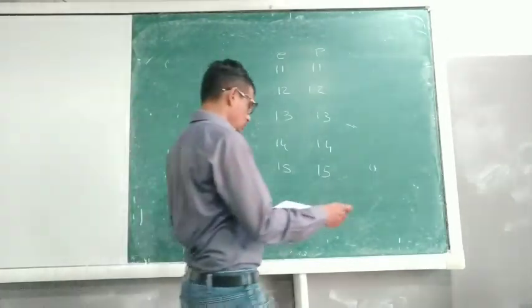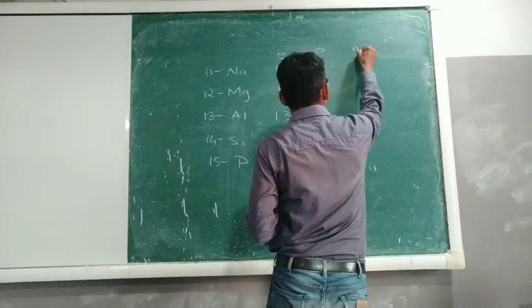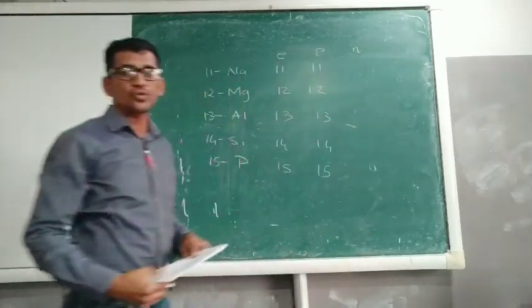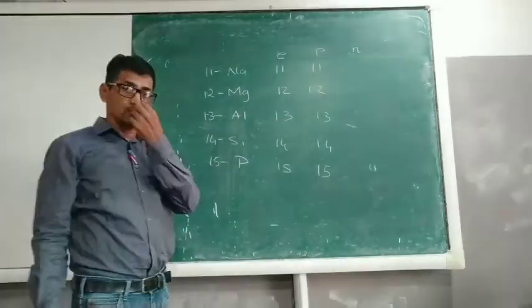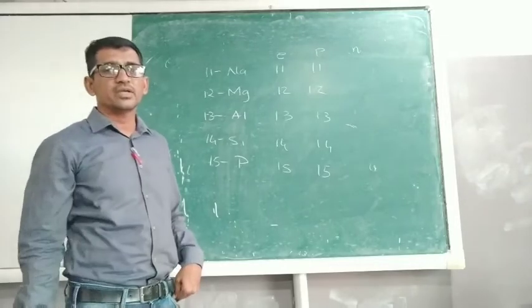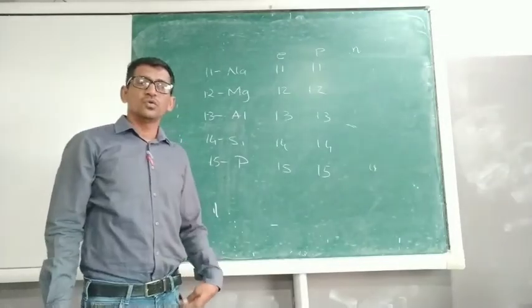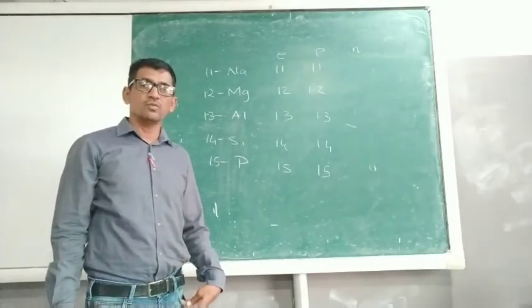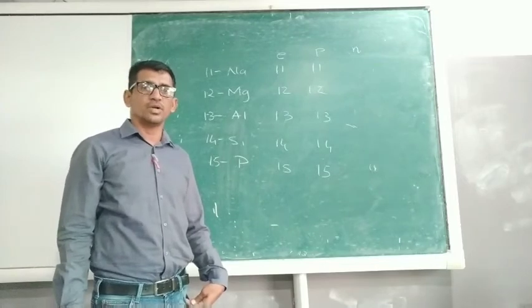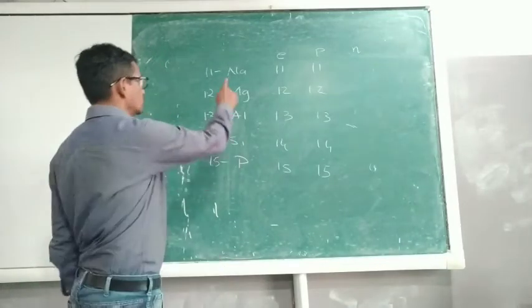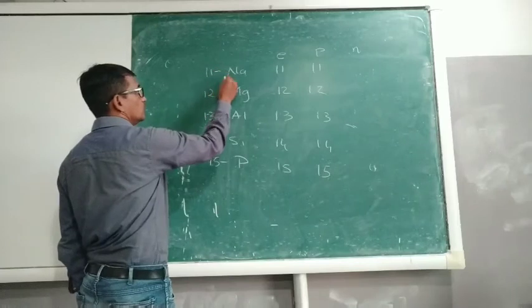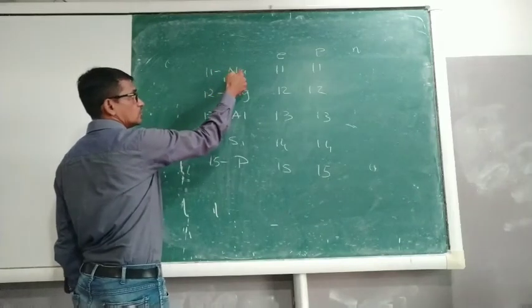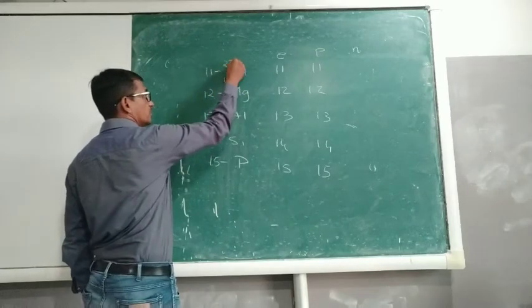Now we come to the neutron, the number of neutrons. The number of neutrons can be calculated if you know the mass number, the atomic weight of a particular atom. So first we designate sodium. Sodium is designated as sodium 11, 23.